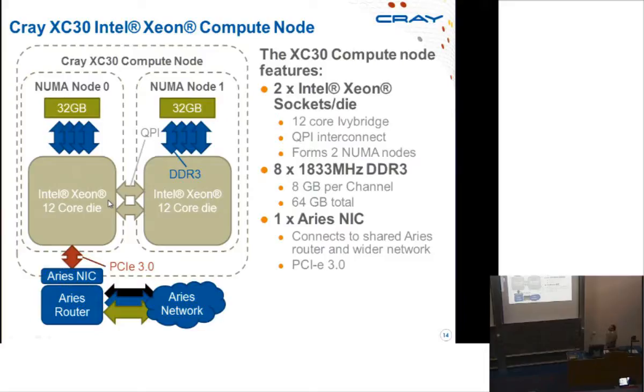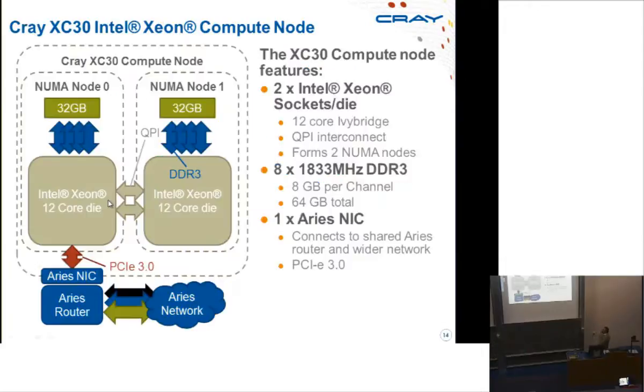There's only 2. And in total, there will be 8 channels of DDR3, accessing, for the majority of nodes, 64 gigabytes of memory. There is a difference, which I'll explain later, between some nodes where they may have more memory. And each node is connected to a single Aries network interface card, or NIC. And this uses PCI Express 3. And this is how they communicate with the outside world.